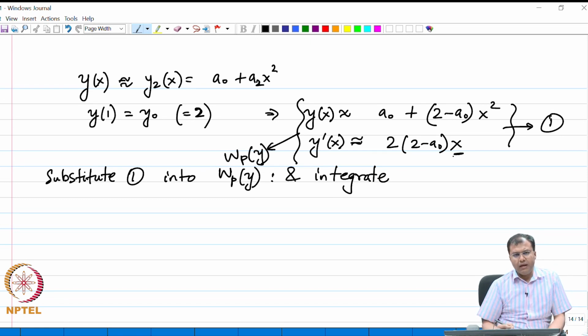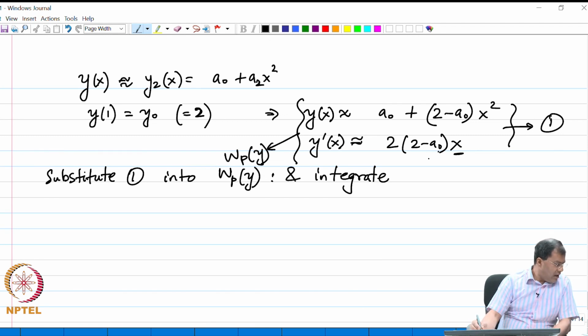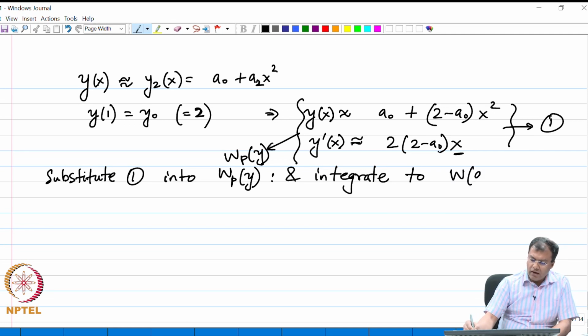The variable x can be integrated out, and we are going to be left with a function of one variable, a naught. It is easier said than done, because we will see that this function is very complicated. So, integrate to get W_p of a naught.